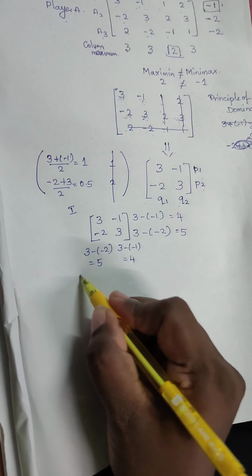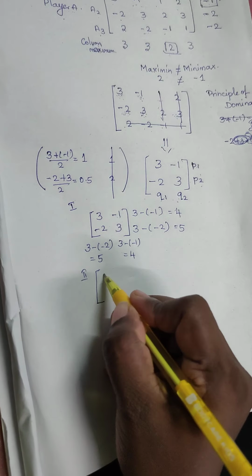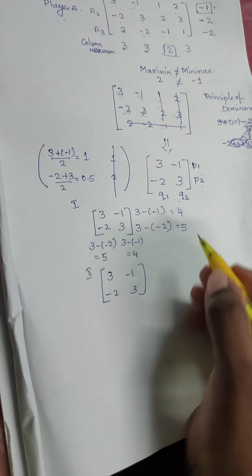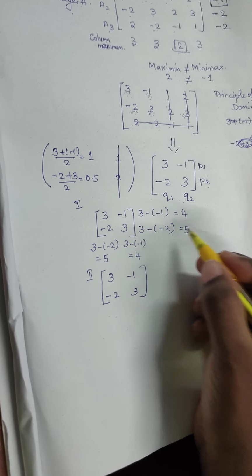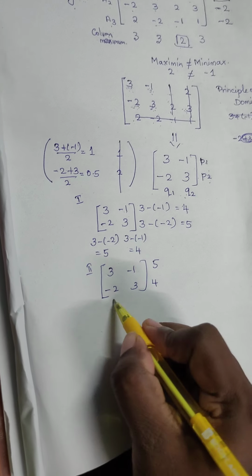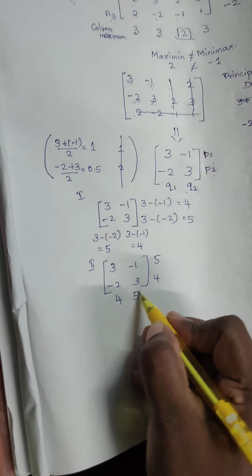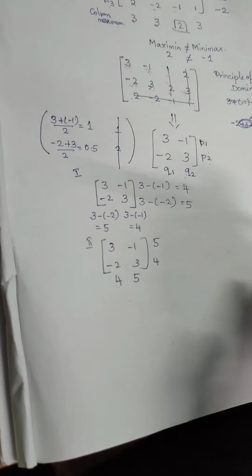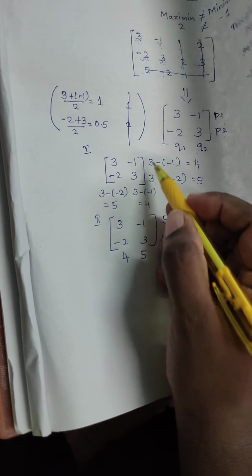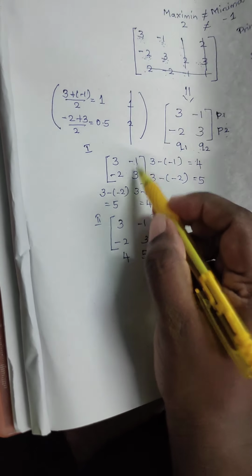Second step, interchange the values. When you find the difference, write it here, find the difference, write it here, and so on. So you interchange it.